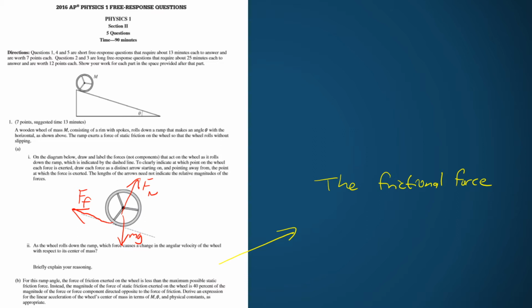I'm going to give you a hint. I want you to use the word torque in your answer. Oh, because the only torque exerted on the wheel is friction. That's it.